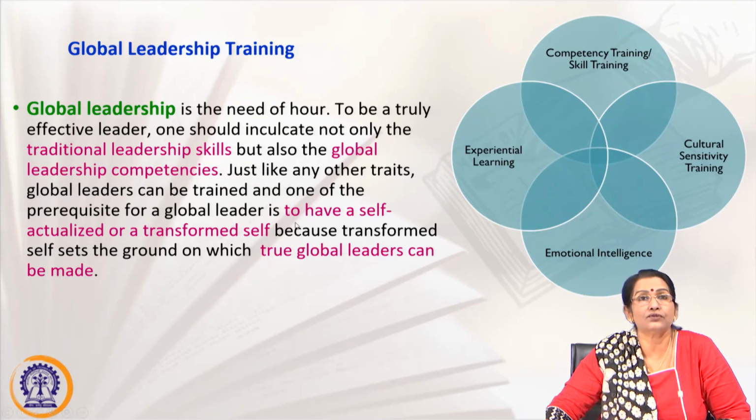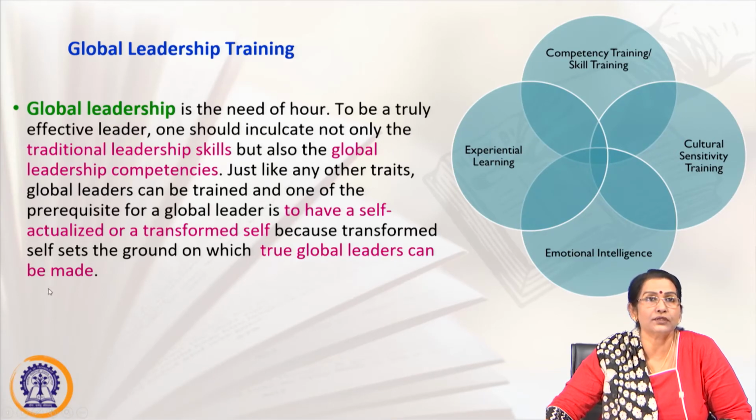So, that means to transform not only the individual self, but also to influence people in the communities. To become global leaders, we need to transform ourselves, the individual self, first. So, self actualization or the transformed self is very important, because this transformed self can help not only in developing global leadership attributes, but also in community transformation, through which a sustainable society, a happy society, and community well-being can be achieved.